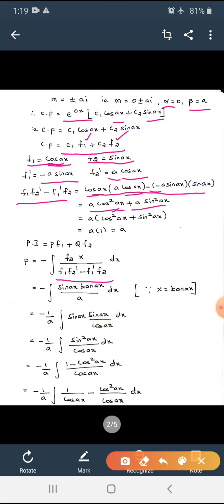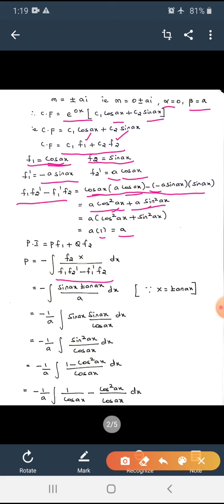In both the terms, a is common, so you can take it outside, and the remaining will be cos square ax plus sin square ax. We know that cos square theta plus sin square theta is 1. We are substituting that formula here, so a into 1 is a. So this is the value of the denominator. When calculating P and Q, in the denominator place we can substitute just a.